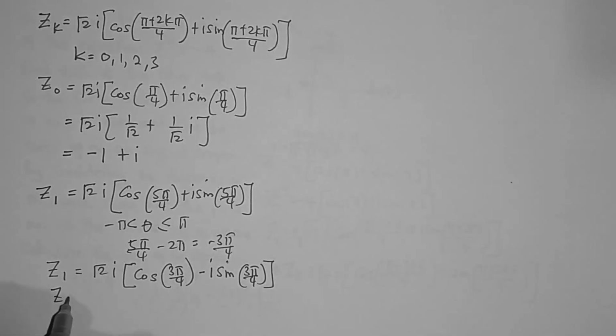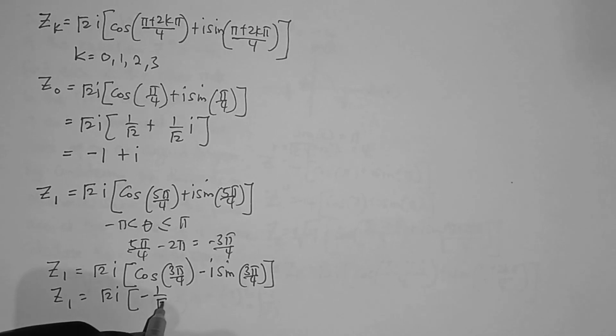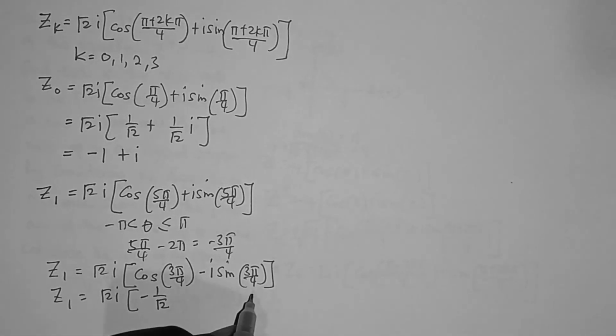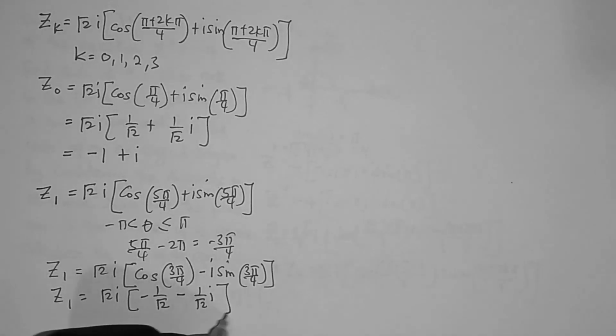So z1 is equal to root 2i, then into brackets cos 3 pi over 4 is equal to minus 1 over root 2. Then sine 3 pi over 4 is minus 1 over root 2. So here will be minus 1 over root 2i.